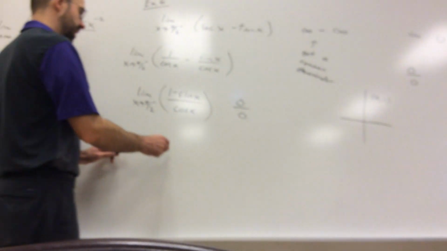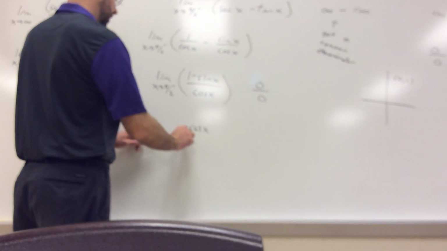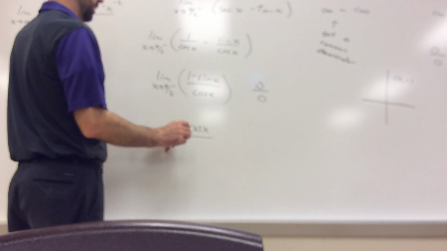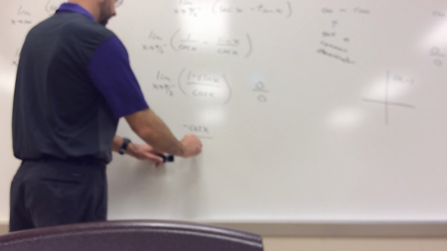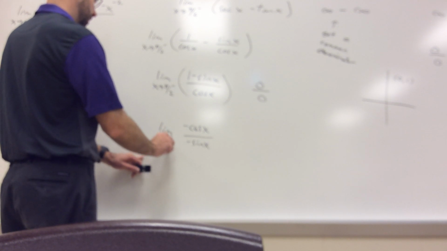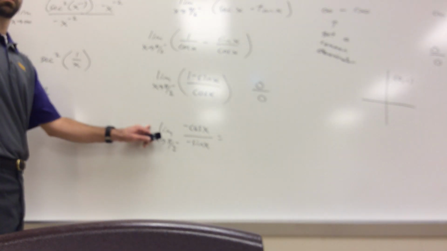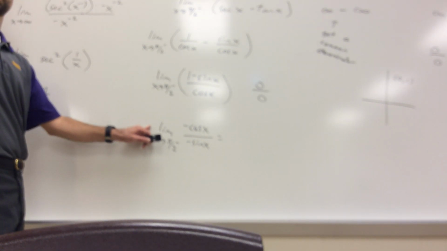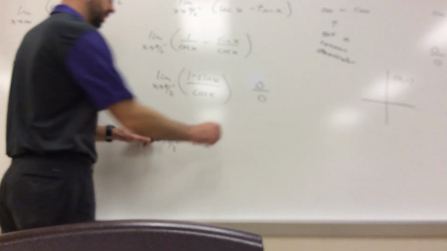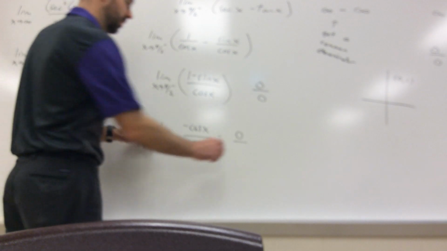So I take the derivative of the top. Derivative of sine is cosine. And the derivative of the bottom. Derivative of cosine is negative sine. Then cosine of pi over 2 is 0. Sine of pi over 2 is 1.